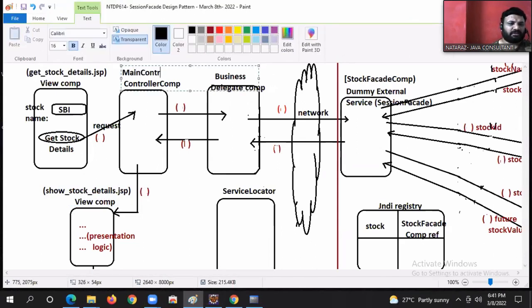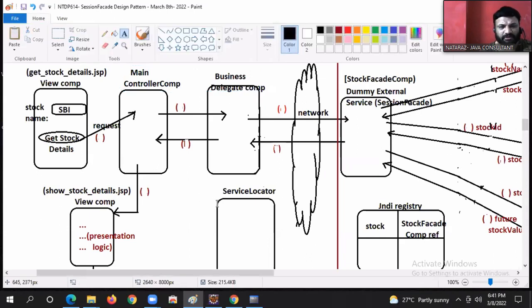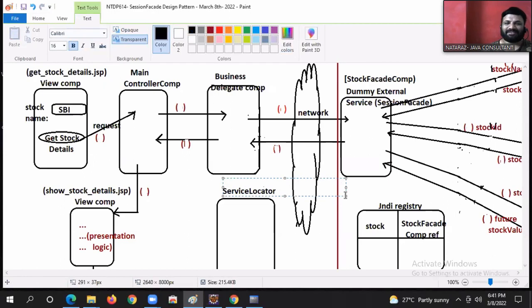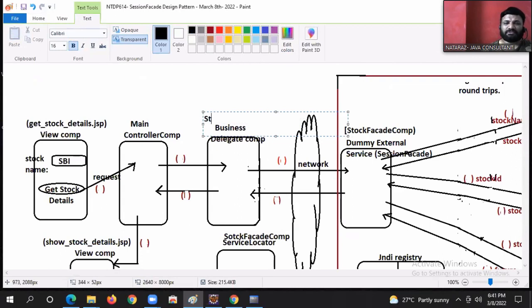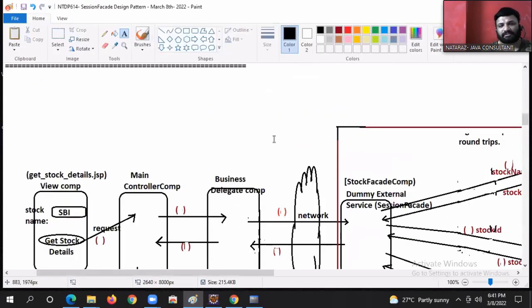Next, main controller component. Nice. Main controller component. Yeah, next one. StockFacade component, service locator.